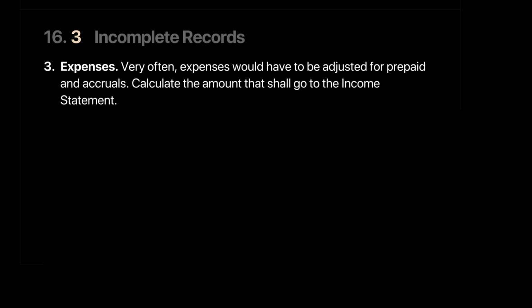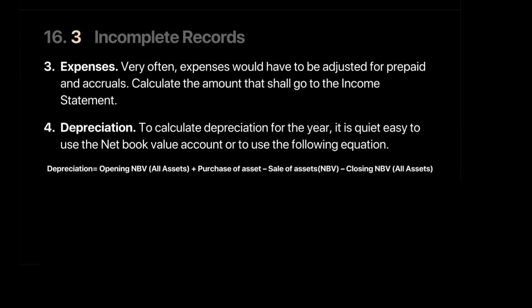Once we're done with our expenses, we should also learn how to calculate our depreciation. To calculate depreciation, we can use a simple net book value account or use this equation under the revaluation method. Very often these businesses would not have resources to employ the straight line method or the reducing balance method, but would rather just keep track of their opening and closing net book value.